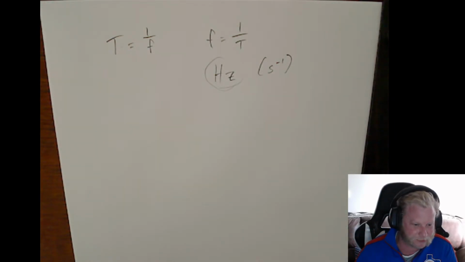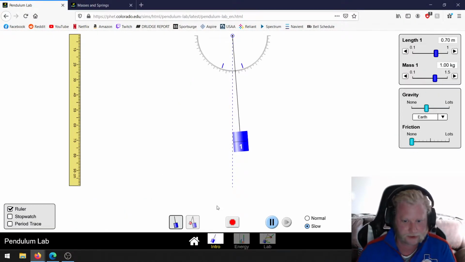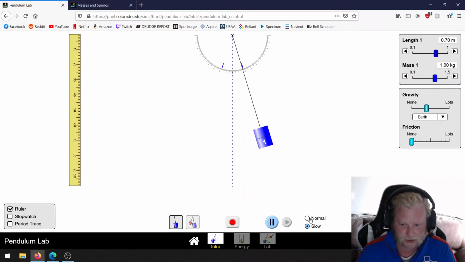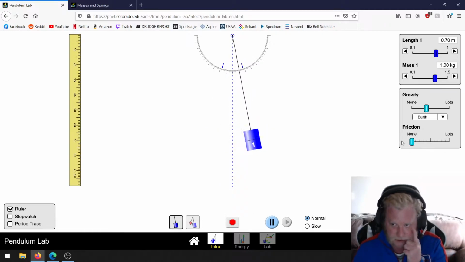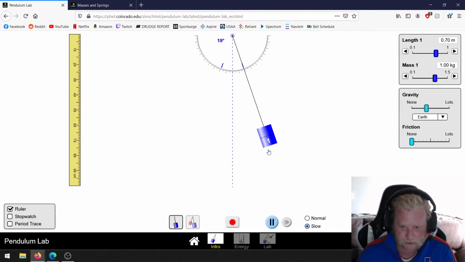So if we take it back to our pendulum, we'll put it in normal. If we want the period of this pendulum, we're going to grab it and release it from here.